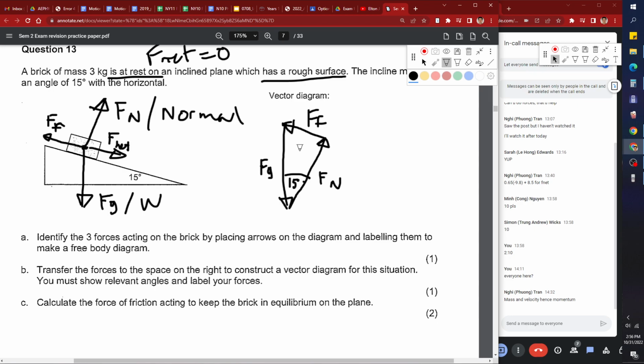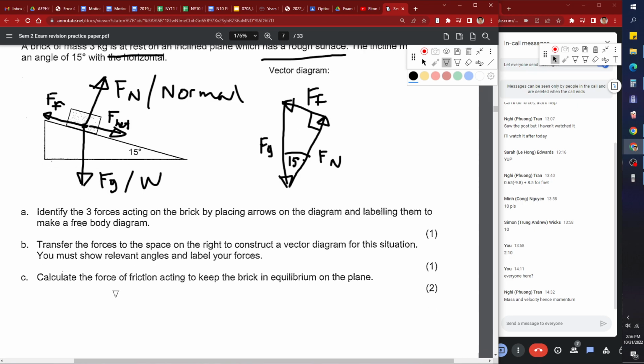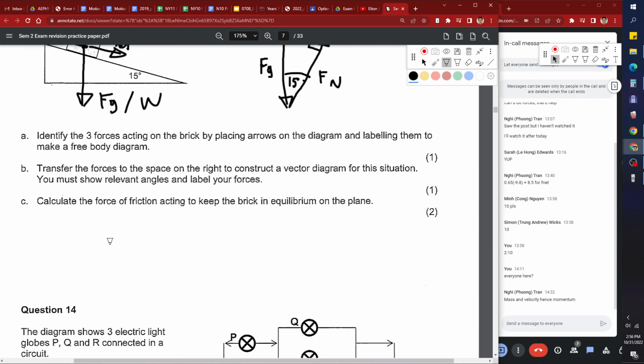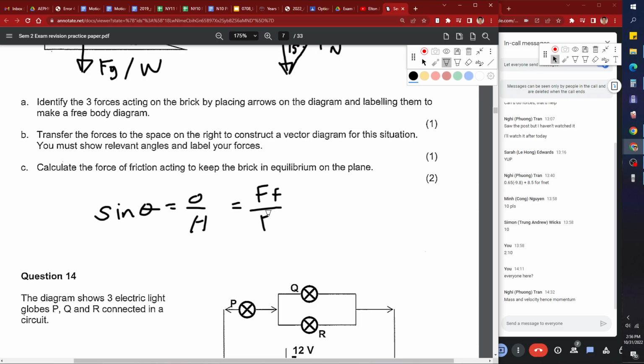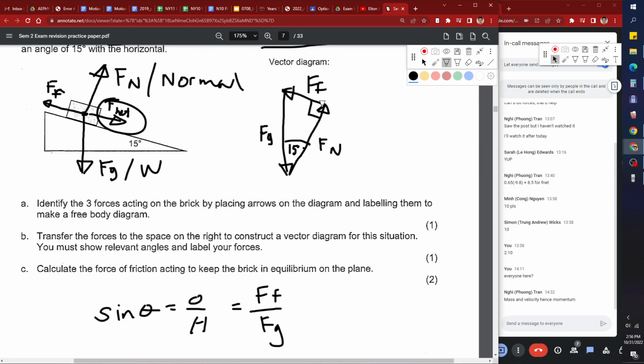And because this is a right angle, you should be able to go, okay, I know FG and I need to find the opposite side, so it's going to be sine of that angle, but that opposite side is the friction, which is equal to these two's net force right here, okay? And then gravity is the hypotenuse.